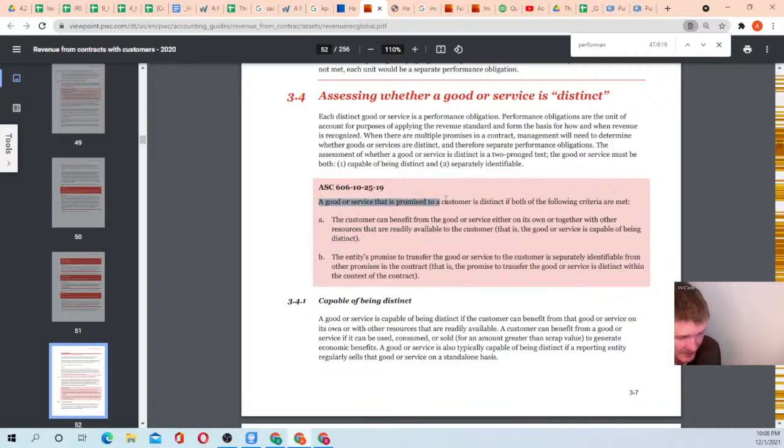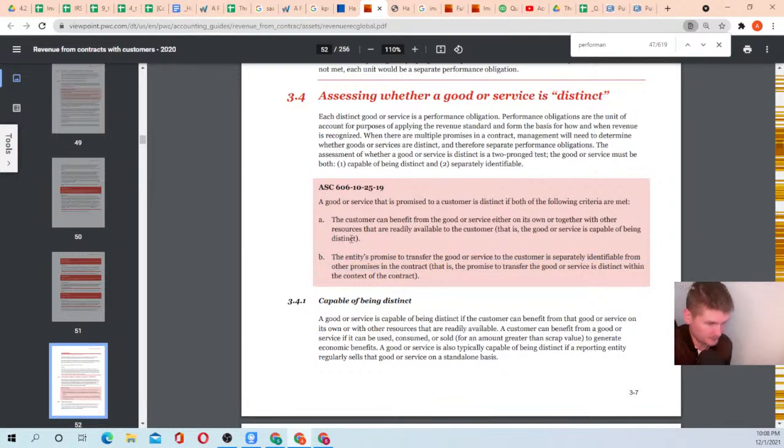We have a distinct good or service when the customer can benefit from the good or service either on its own or together with other resources that are readily available to the customer, and the entity's promise to transfer the good or service to the customer is separately identifiable from other promises in the contract. That is, the promise to transfer the good or service is distinct within the contract.